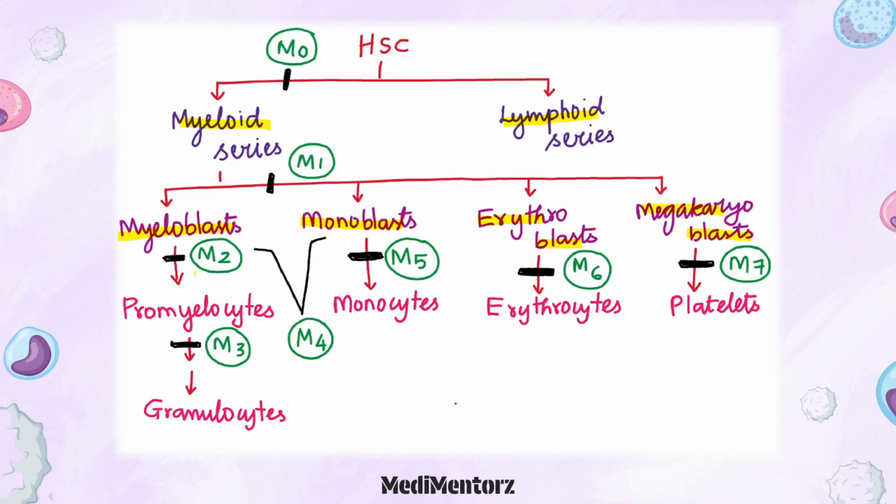The myeloblast further matures into promyelocytes, finally giving rise to the granulocytes such as neutrophils, eosinophils, and basophils. Whereas monoblast matures into the monocytes, erythroblast matures into the erythrocytes, and megakaryoblast matures into the platelets.